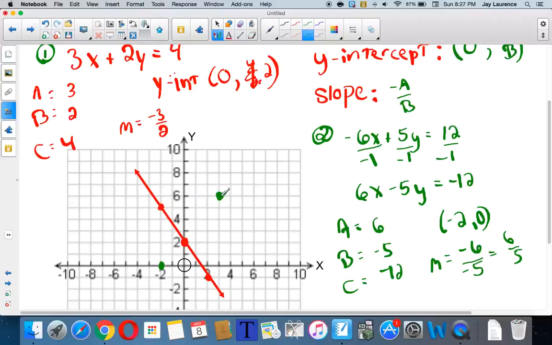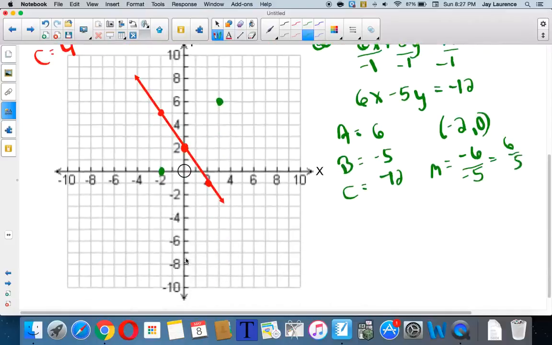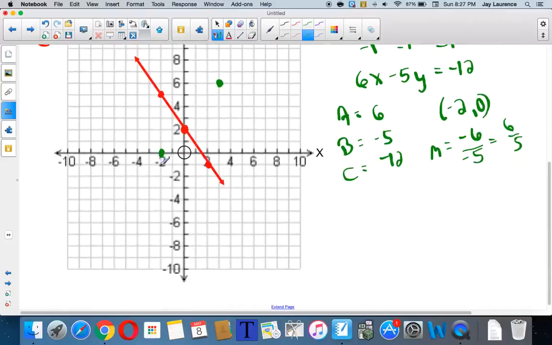And did you notice that our slope was positive, and this line is going up to the right? So let's go down 6. 1, 2, 3, 4, 5, 6, and then left 1, 2, 3, 4, 5. Right there. All right, so let's draw our line. There we go.